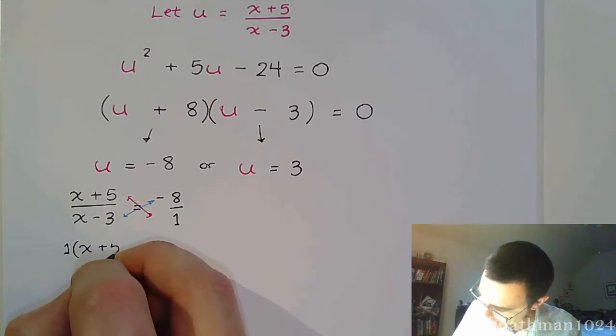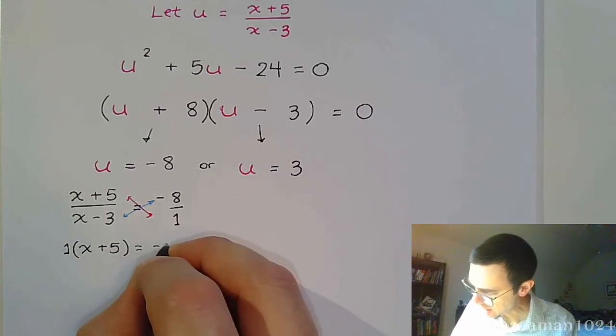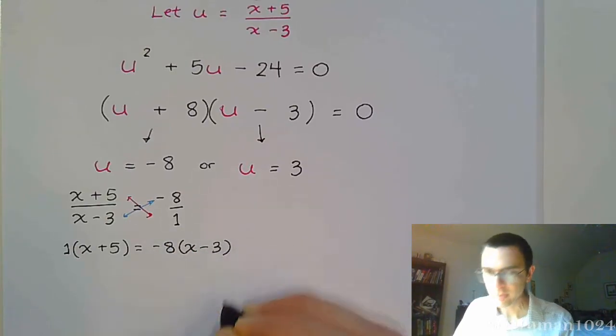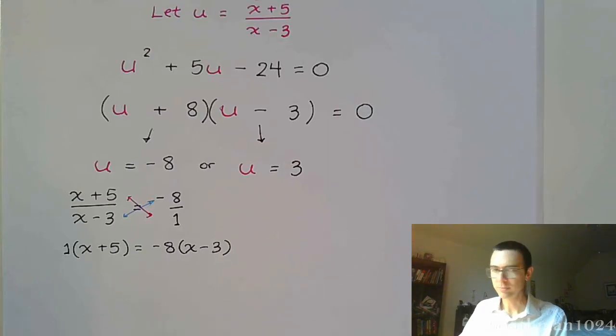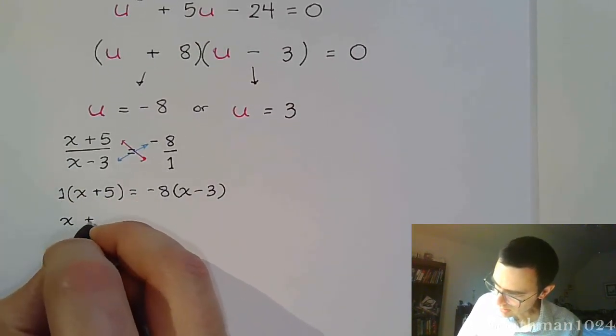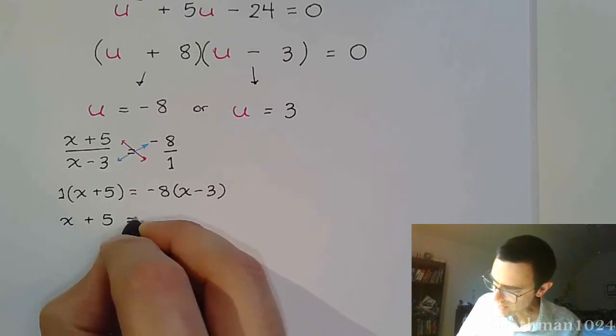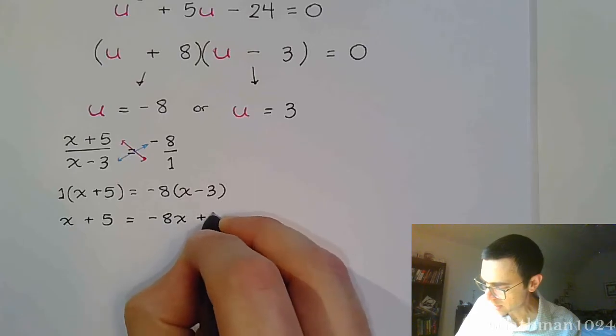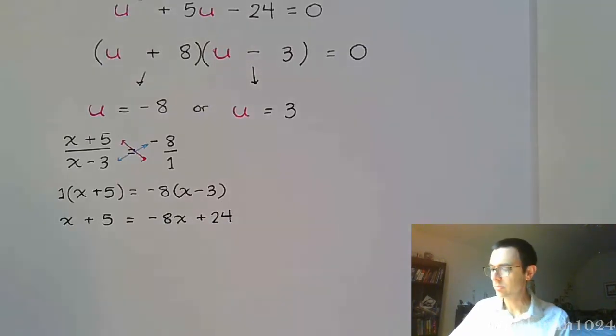So 1 times x plus 5 equals negative 8 times x minus 3. All right, so that's just x plus 5 is equal to negative 8x plus 24.